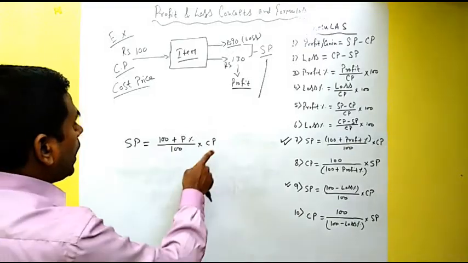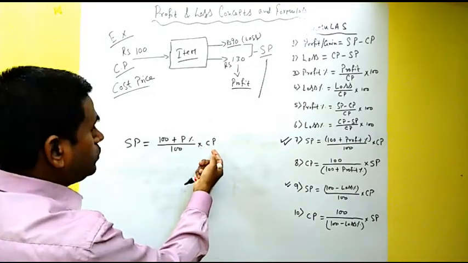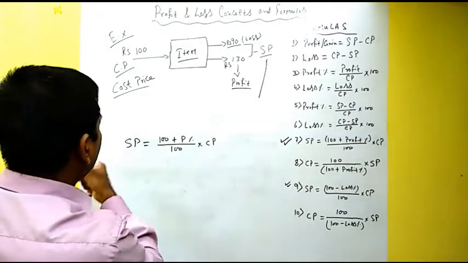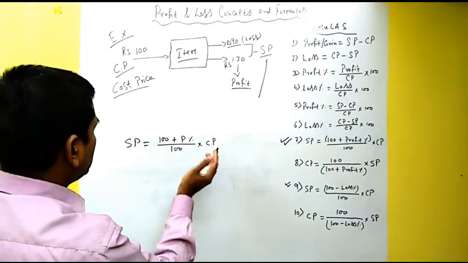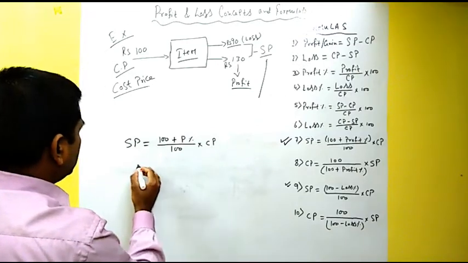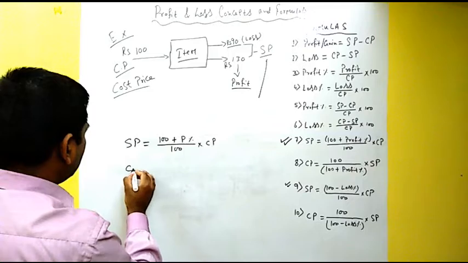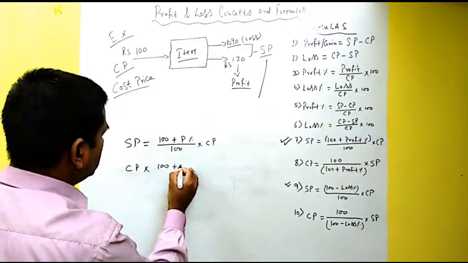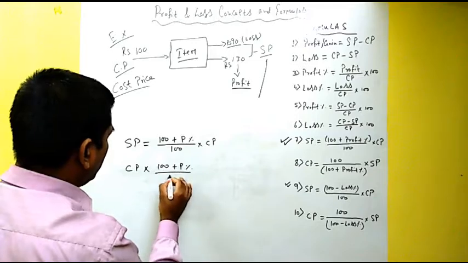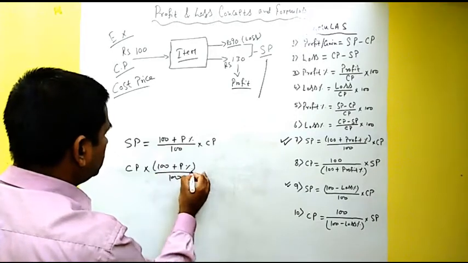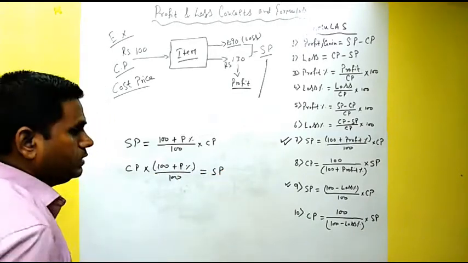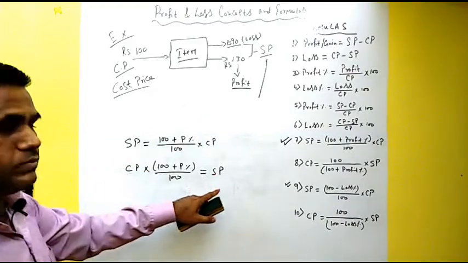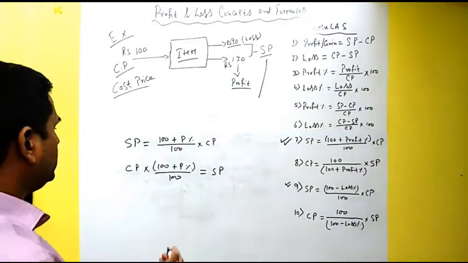So suppose in the question cost price is not given, selling price is given. You have to calculate cost price. So I'll write this formula like this: CP into (100 plus profit percent) upon 100 is equal to SP. Correct? Same formula, I've just changed the side.